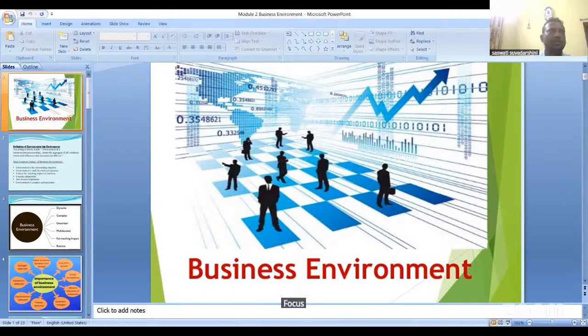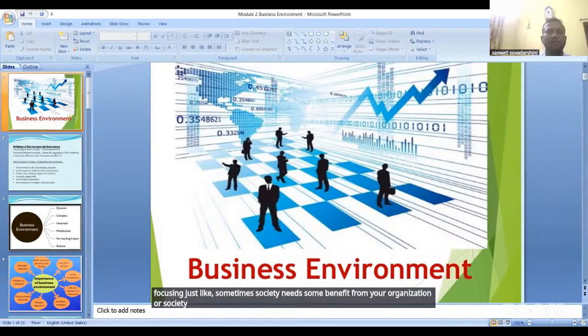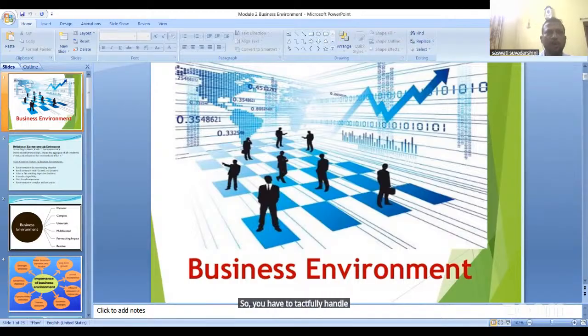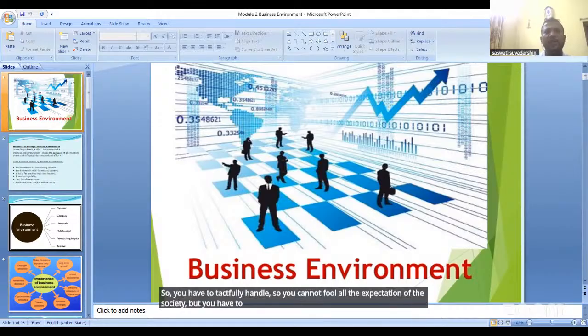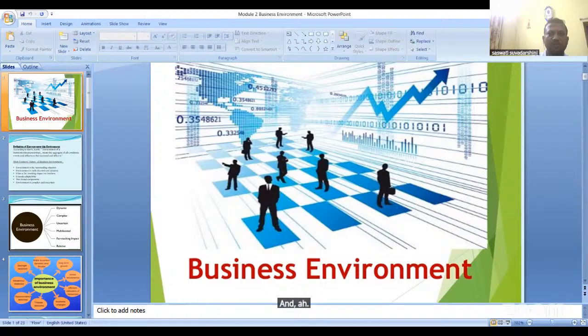Sometimes society needs some benefit from your organization, or society expects something from you, so you have to handle it tactfully. You cannot fulfil all the expectations of the society, but you have to balance between your capability and capacity, and the expectation of the society. Then you should think in a long-term way. So that is very important.